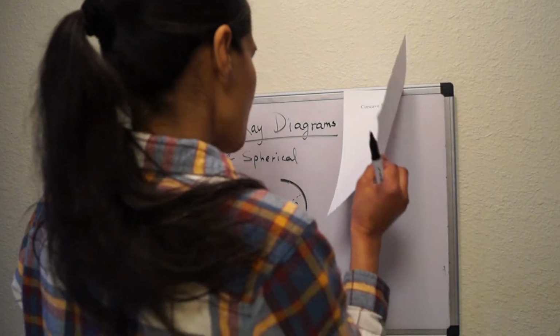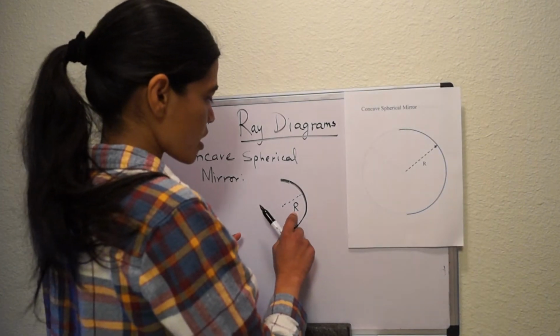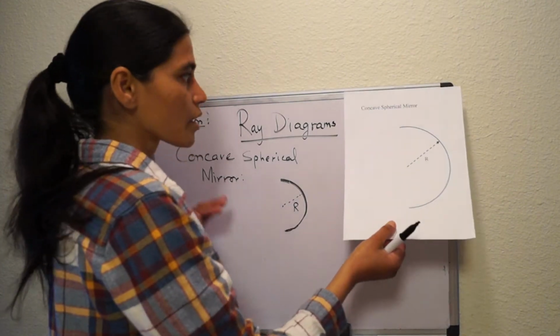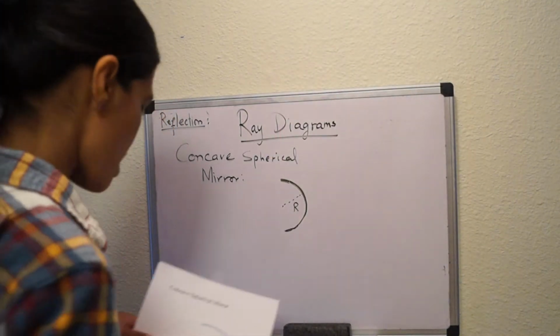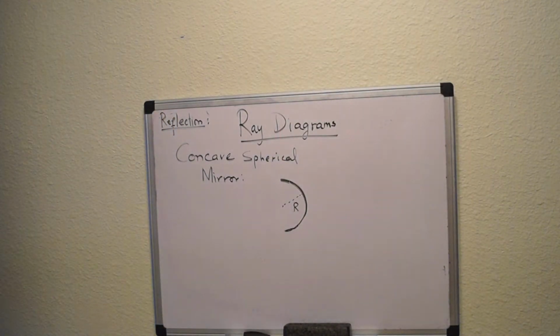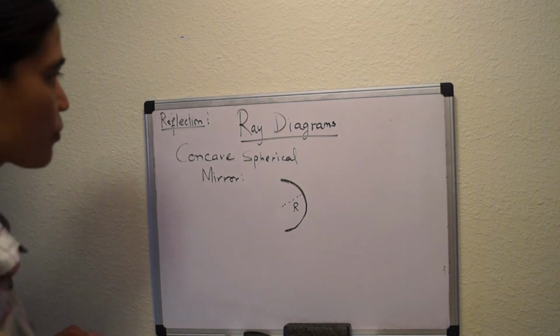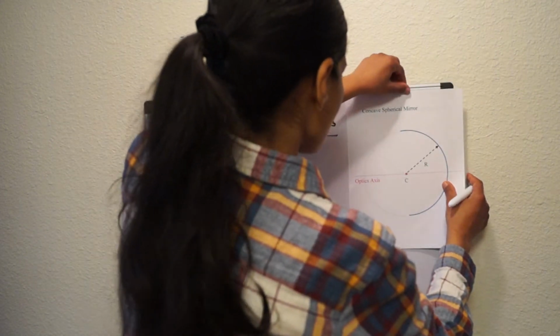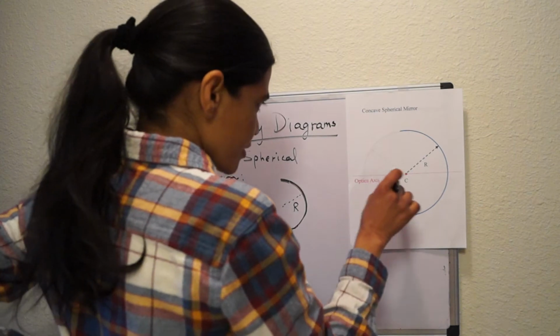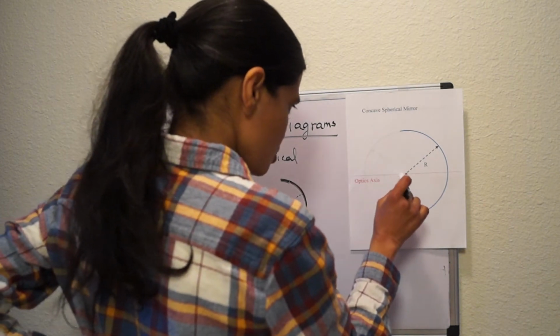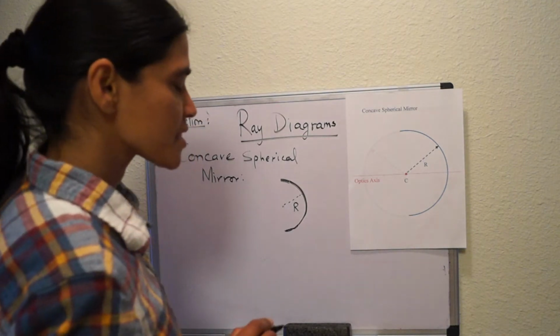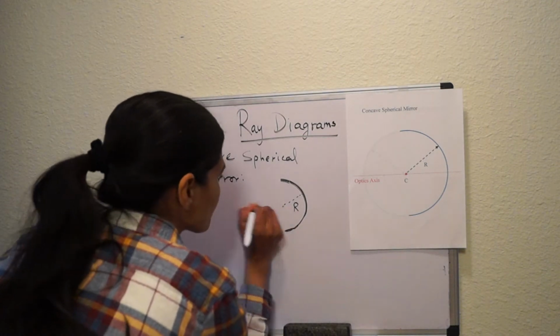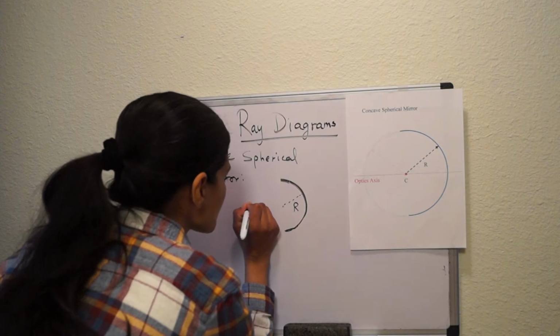Alright, so next step, this is the radius of the curvature, right? The radius of the curvature of the concave spherical mirror is represented by R. This is the center. I have a diagram here, and the new thing here is this red dotted line. That is the line passing through the center of the curvature of this sphere.